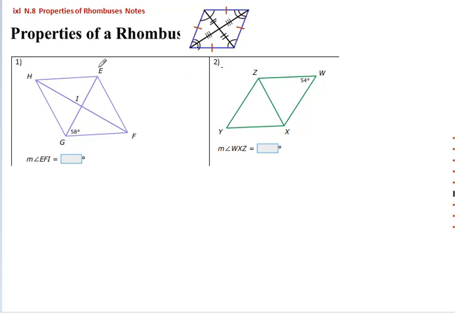All right. So this is going to be the lesson on how to do IXL in geometry N.8, the properties of rhombuses, or the proper plural in Latin, rhombi. But that's a whole different story. This should be a review for you guys.